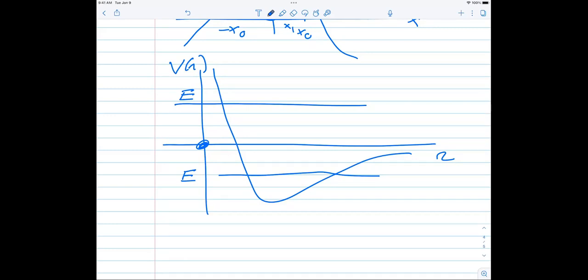It will actually escape. So this is a typical example of just looking at the graph, where you can say, okay, if it has this energy, this will happen. If the energy is below 0 in this potential well, that means it's going to be in a stable bound orbit. If it's above 0, then the system will be unstable, and the Earth will escape the solar system. Something which hopefully doesn't happen, at least in our lifetime.